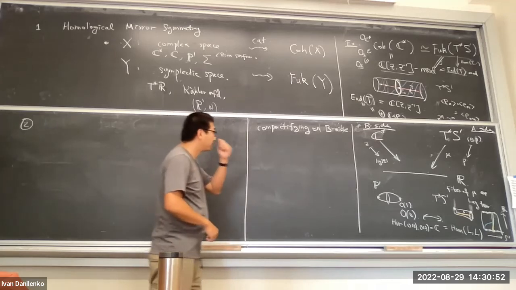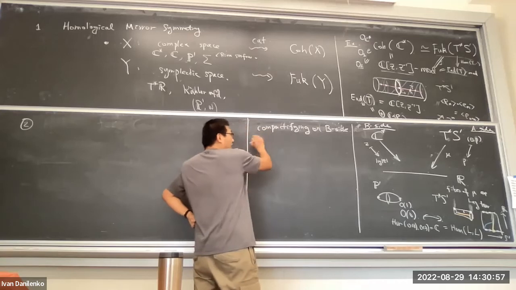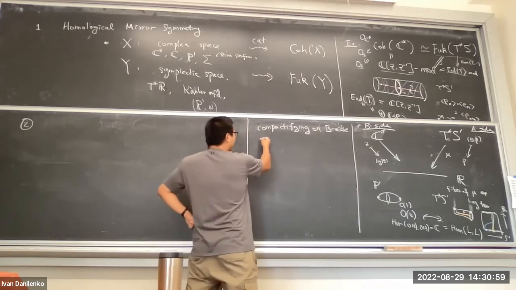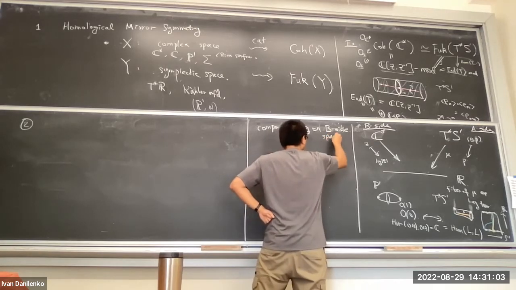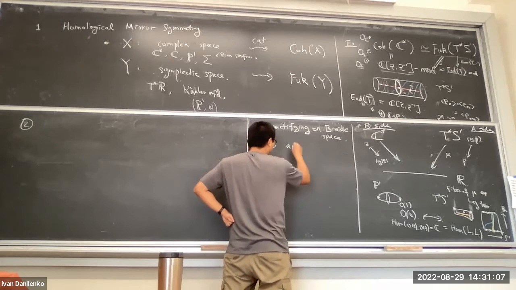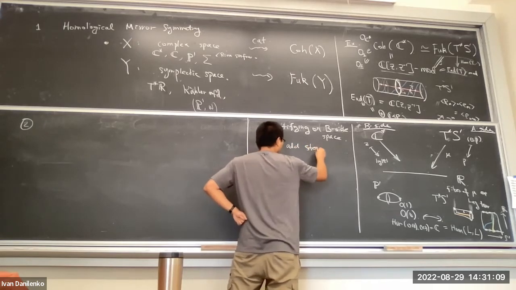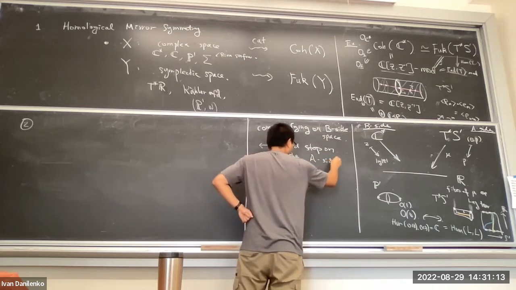I guess this is a historical artifact. So kinetic on the B side space corresponds to, let me just say what I did, I stop on the B side space.